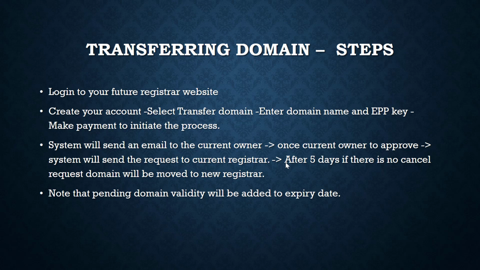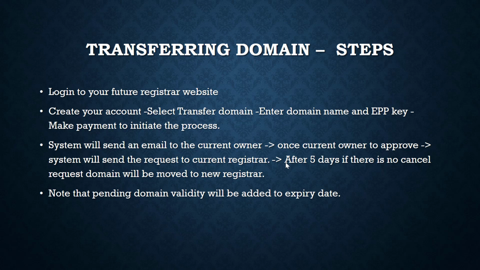For example, if the domain is valid up to next June, and if you want to transfer it to Digix hosting, for example, after a successful transfer, whatever expiry date you have, our system will add 1 year to that expiry date.